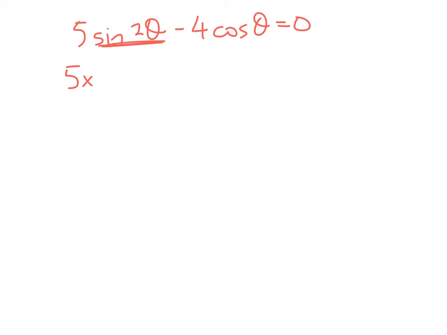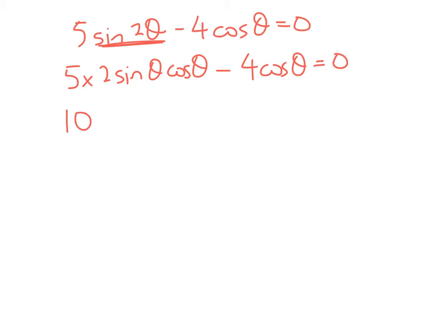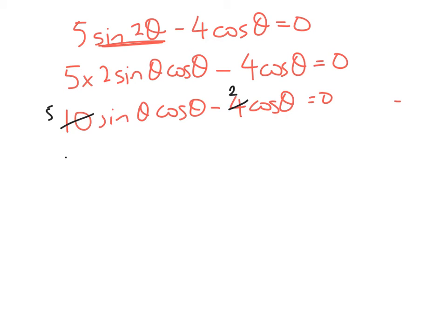So 5 times 2 sine theta cos theta. So that's the double angle formula for sine, which you should know by now. Remember, you do get that in the formula sheet, but you'll be a bit too busy to be looking at it. So I've got 10 sine theta cos theta minus 4 cos theta equals 0. Now the last few steps here, I'm going to divide through by 2 and take out a common factor.